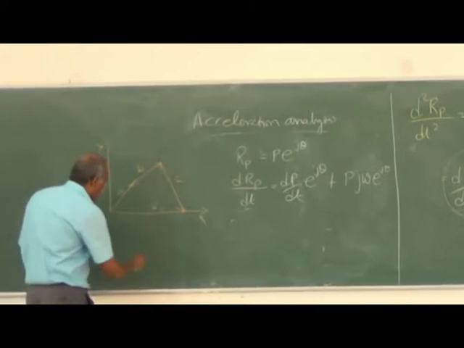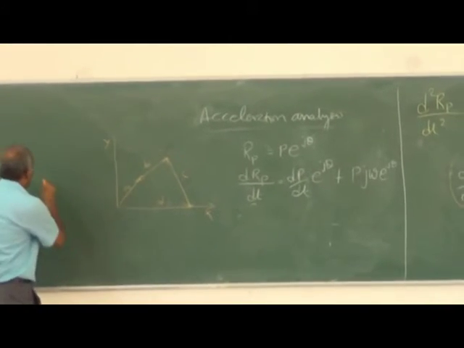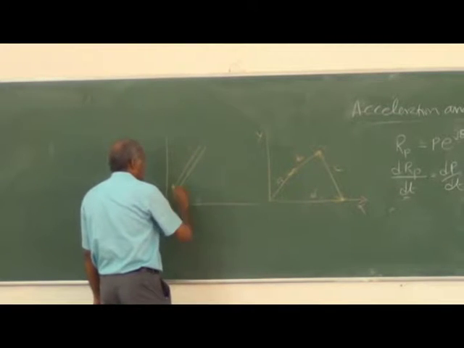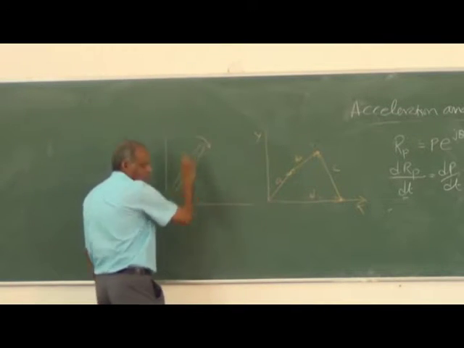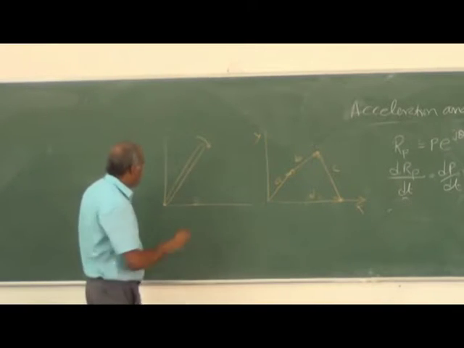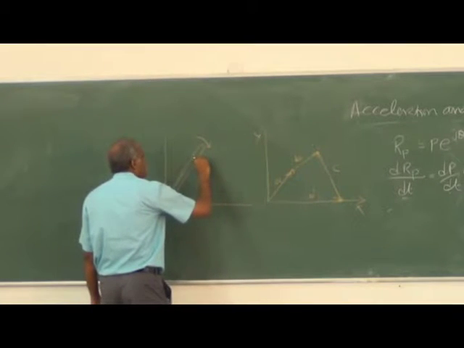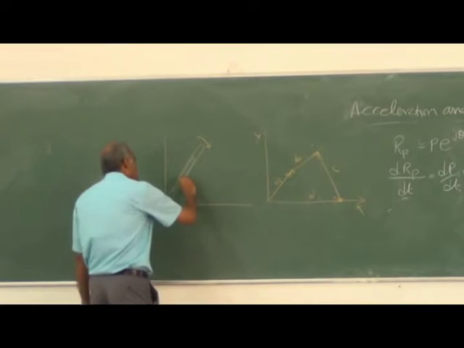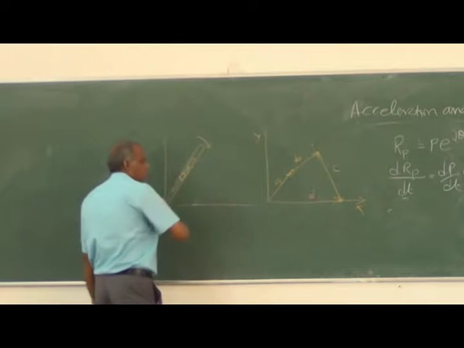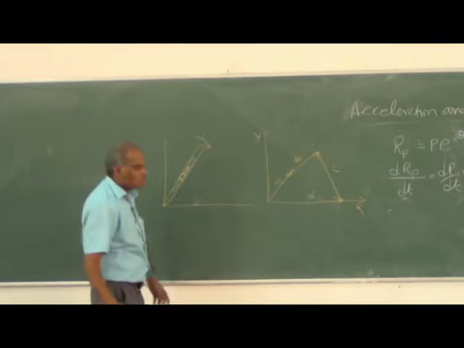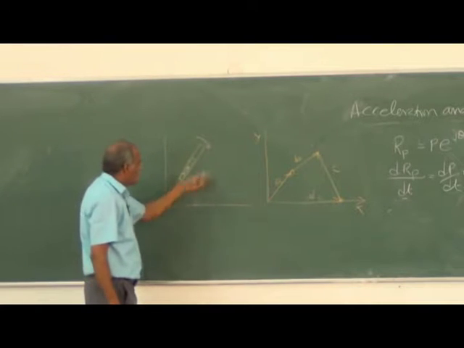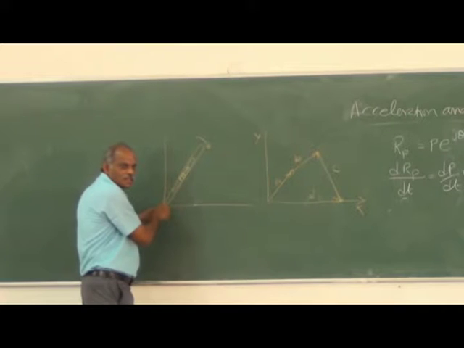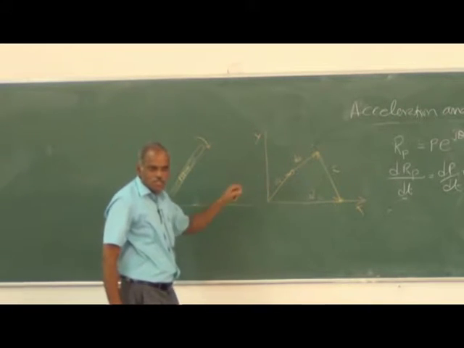But if I take a mechanism like this, as we have discussed earlier, there is a link which is rotating. That link has a slot in it, and there is a slider which slides. So in this case, there is a slider in a rotating link that is capable of moving. If you take the position vector of a point on the slider, its magnitude also will change.